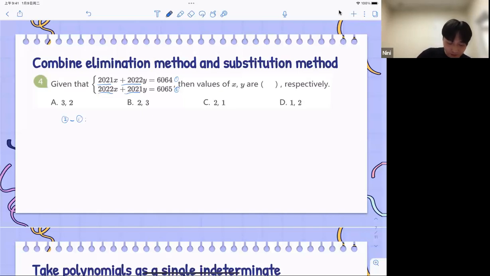So that would be 2022x plus 2021y minus 2021x and 2022y, which is equal to 1, right? Okay, so let's try to put them out. We got this stuff of x here.